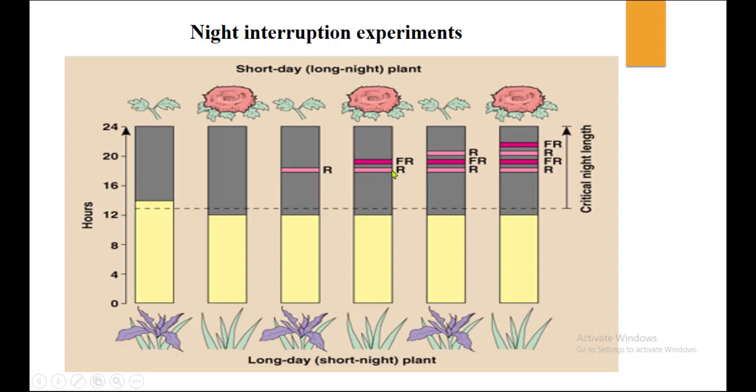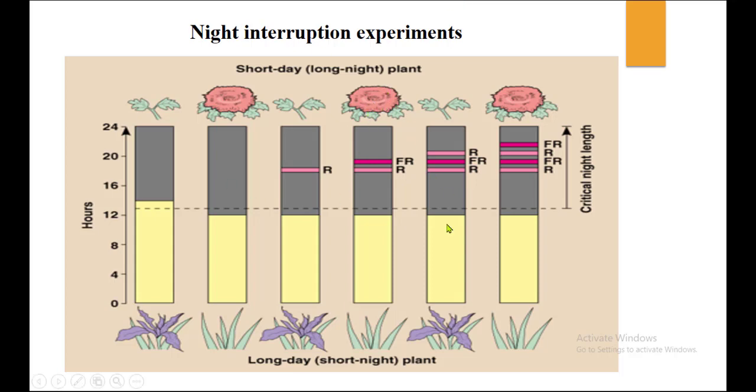Initially they gave red light, and when they gave red light, flowering was stimulated in long day plants. But here they gave red light, and after a brief period they interrupted again with far red light, and far red light converts P730 into P660, which is favorable for short day plants.